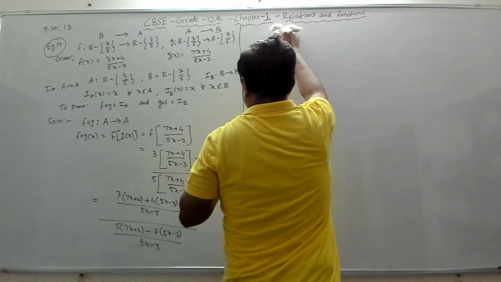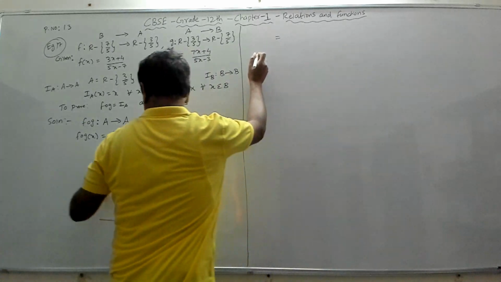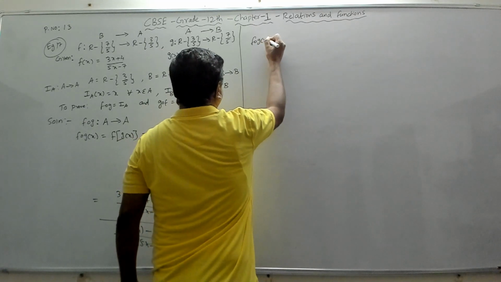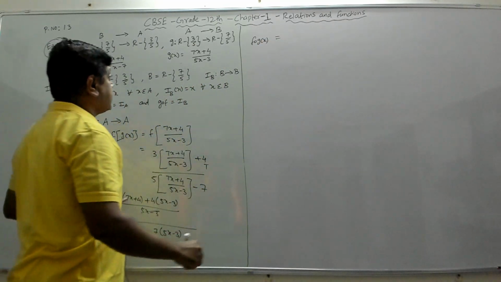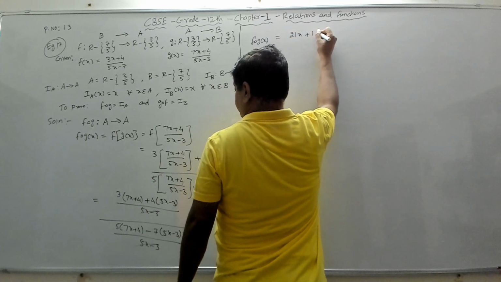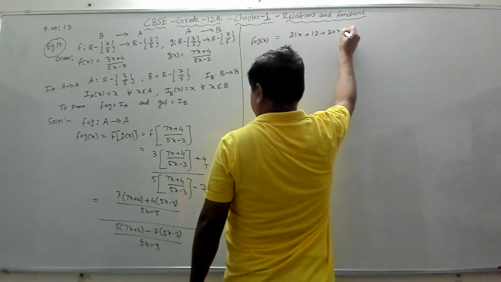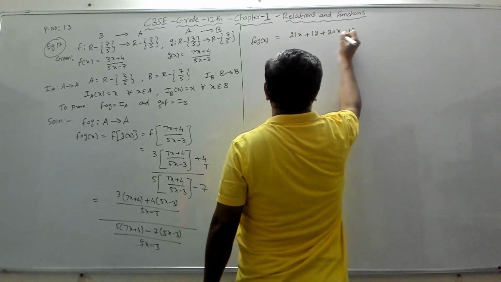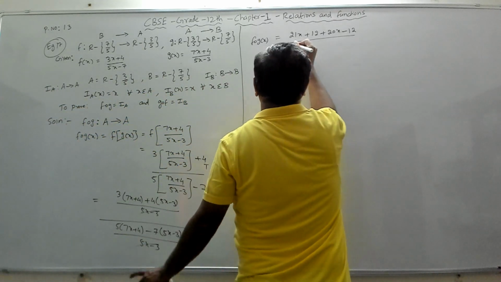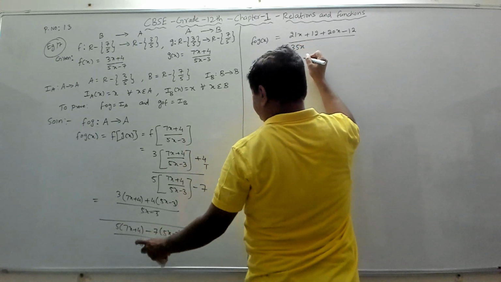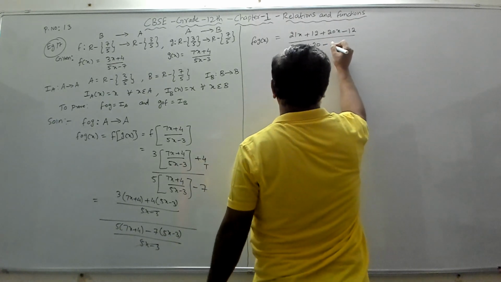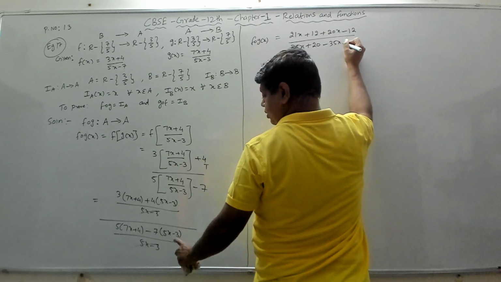If you simplify, on the left hand side we have this f of g. So f of g of x is equal to, now 3 into 7x is 21x plus 3 fours are 12 plus 20x minus 12, whole divided by, multiplying this by 5, 7 fives are 35x, then 5 times 4 is 20, minus 7 into 5x is minus 35x, then minus into minus is plus 21.